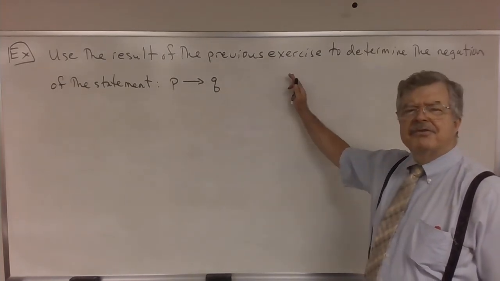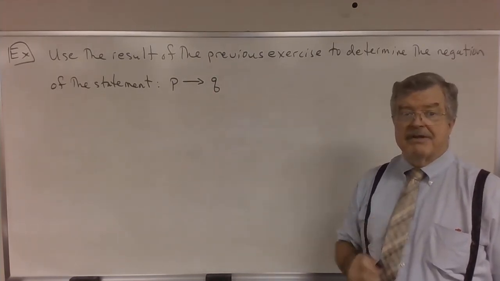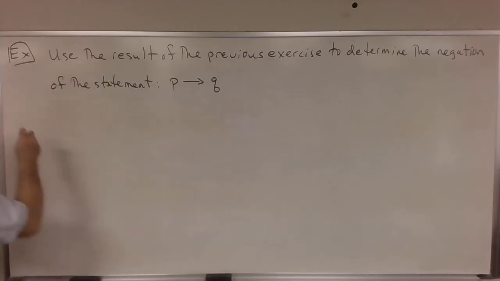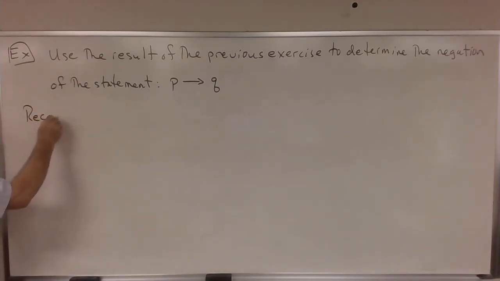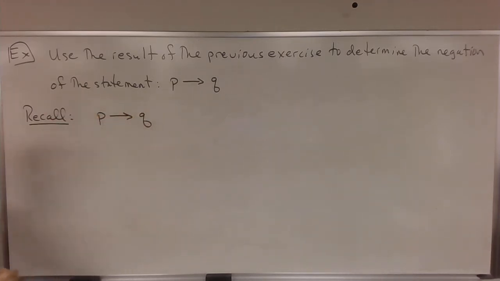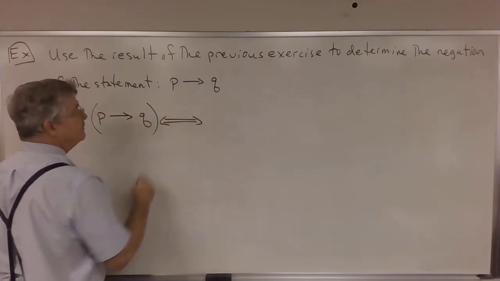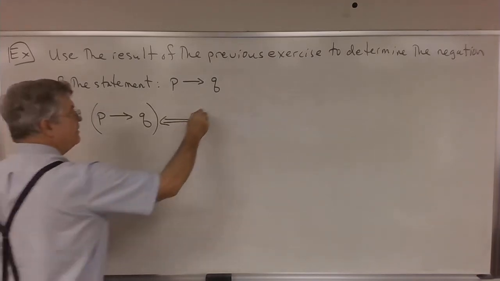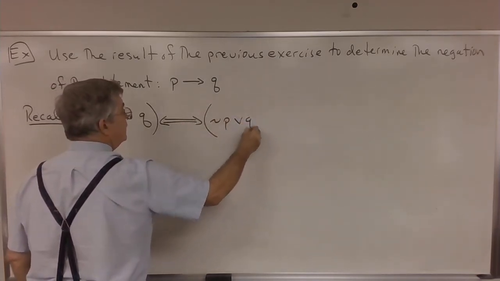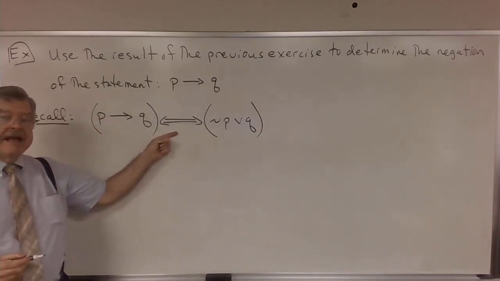And instead of using truth tables to do this one, we're going to use the results of the previous exercise. So let's write down what we determined in the previous exercise. In the previous exercise, we determined that the if-then statement, if P then Q, is logically equivalent to the statement not P or Q. This is what we determined in our last exercise.